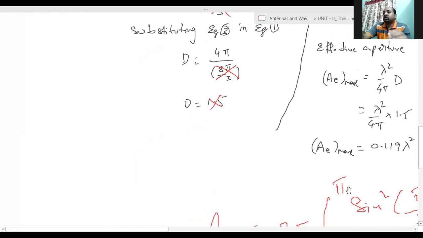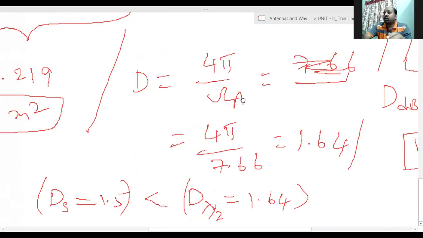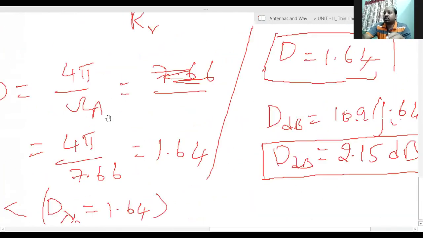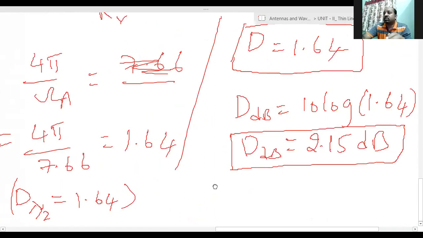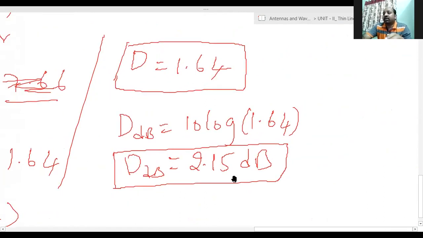Therefore, the directivity of a half wave dipole is 1.64, and in dB it is 2.15 dB.